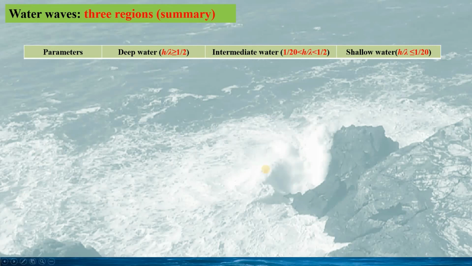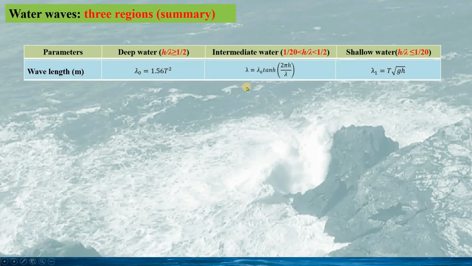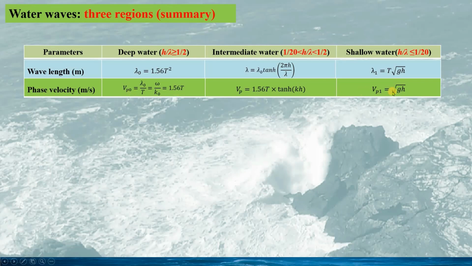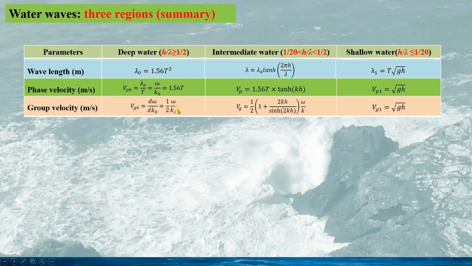So in this slide here, a summary of the water waves in different water depths is given. Principally, we have three regions for water waves: deep water, intermediate water depths, and shallow water depths. And in both deep water and shallow water, we have the approximation for the wavelength and the phase velocity here, the group velocity, this and this.